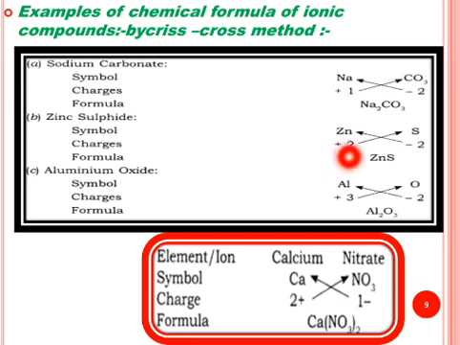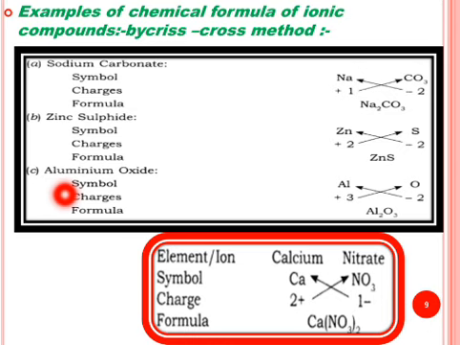And after crisscrossing their charges, we get the formula Zn2S2. But as the subscripts are similar, there is no need to write the subscript, and the formula comes out to be ZnS, and it is named as zinc sulfide.